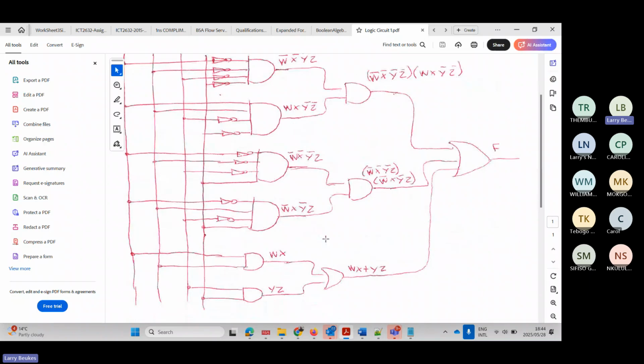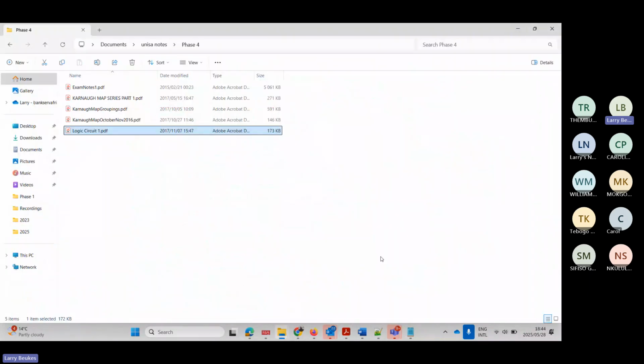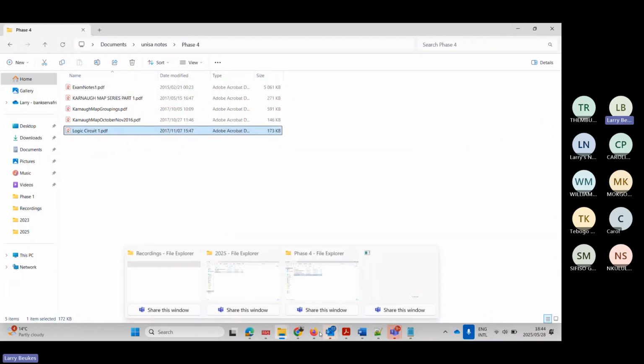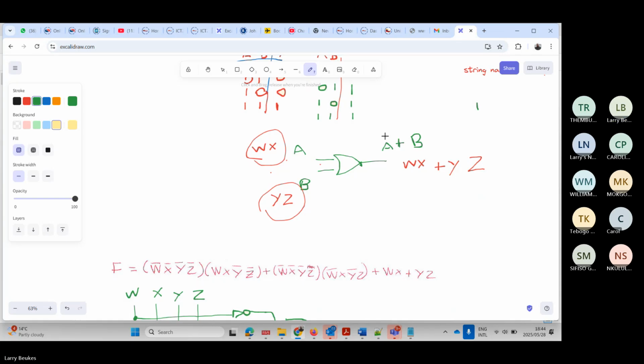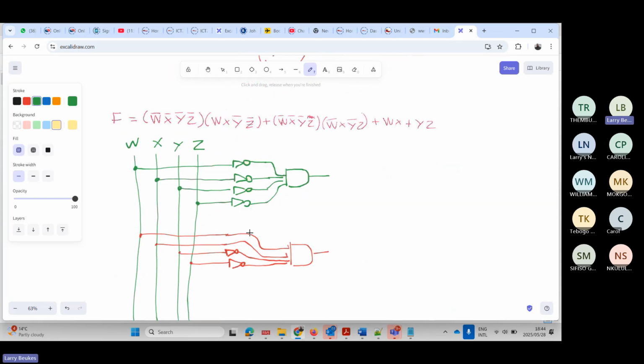Let's remove it because if we keep it, it's going to be the same as the first one that we did, right? So now let's say this is basically W naught, X naught, and Y naught, right? So we cancel in this one, because it's going to be the same as this one if we complement this set.